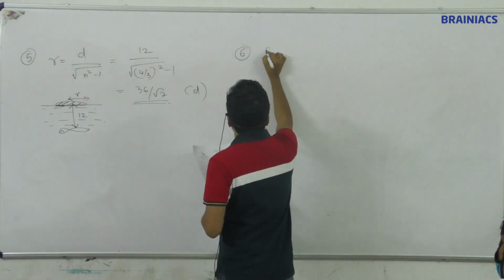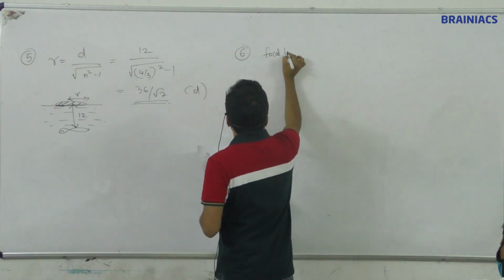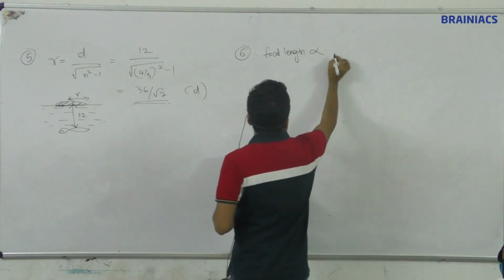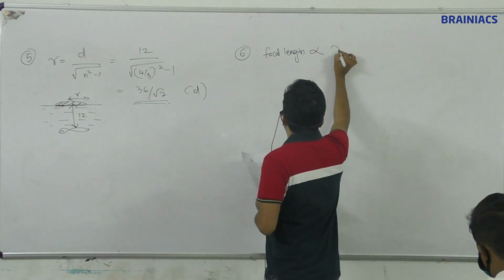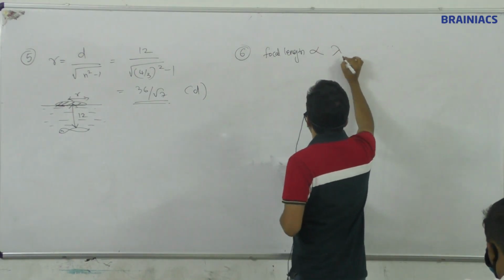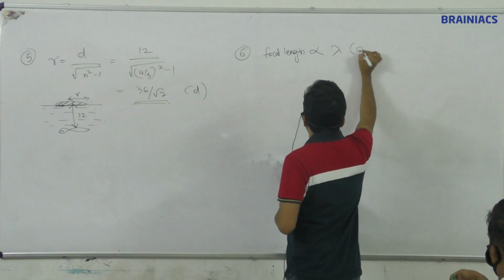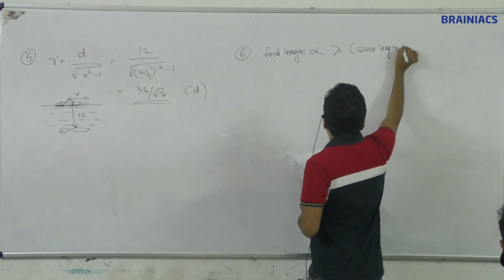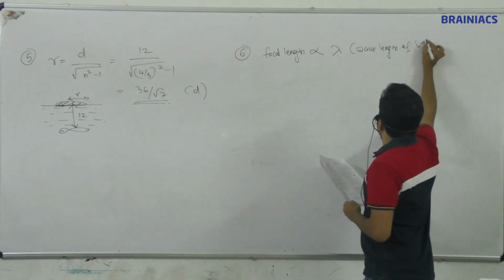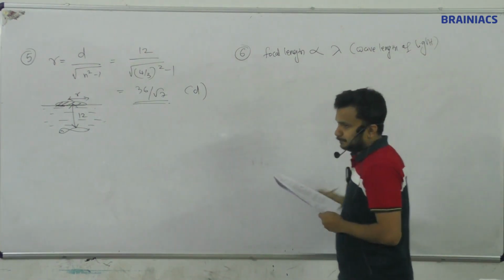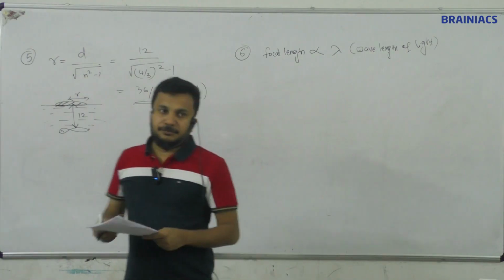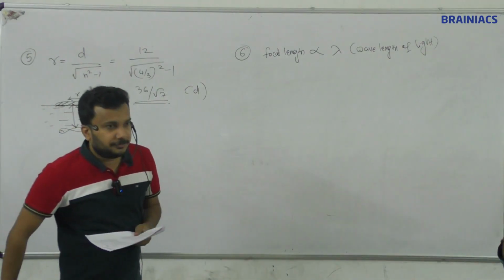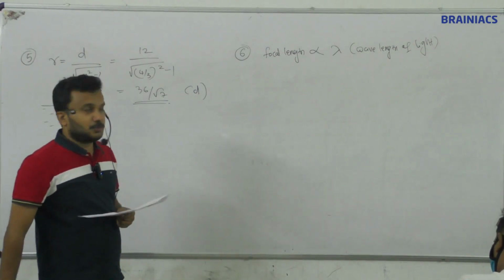Write one note: focal length is directly proportional to lambda, which means the wavelength of light.